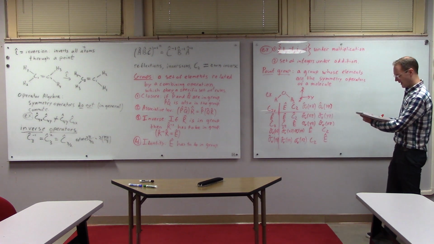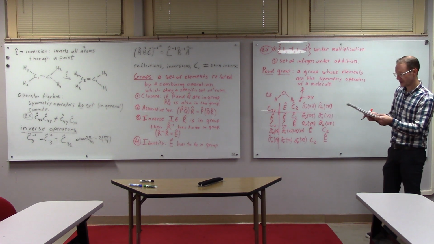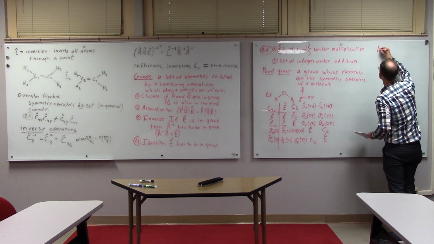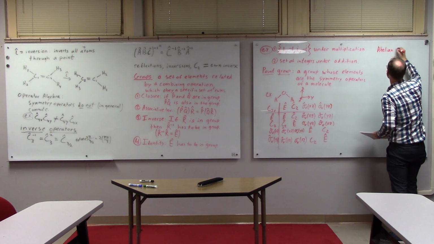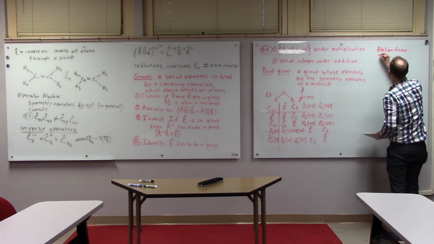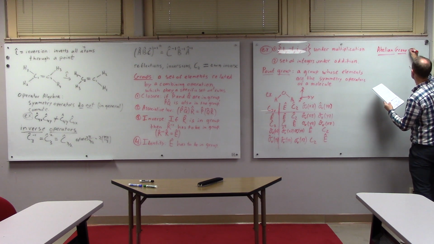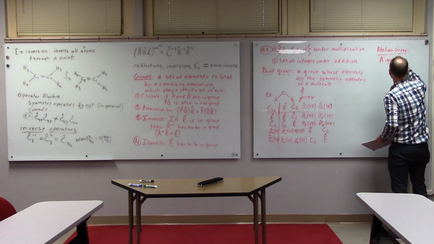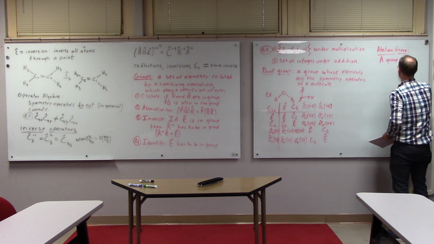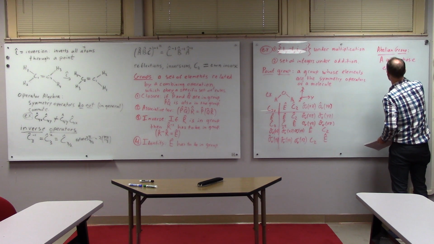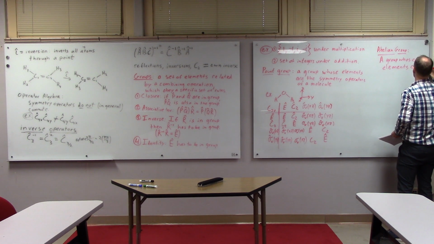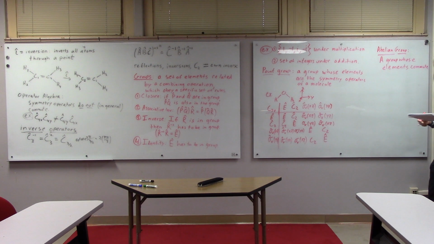And so the C2V group is actually an example of what's called an abelian group. And an abelian group is defined as a group whose elements commute. Okay?